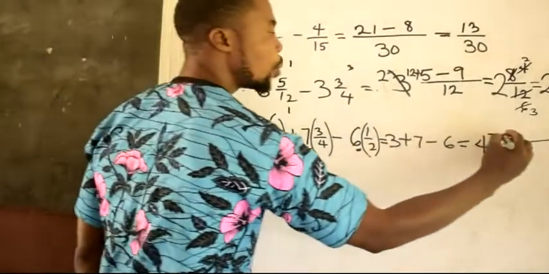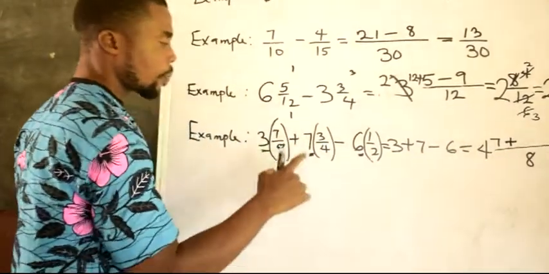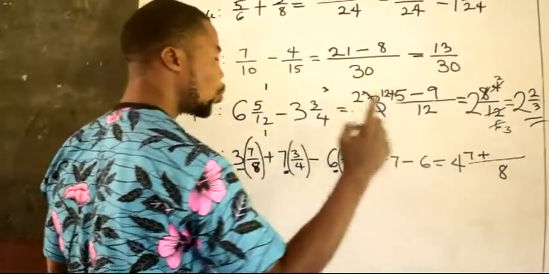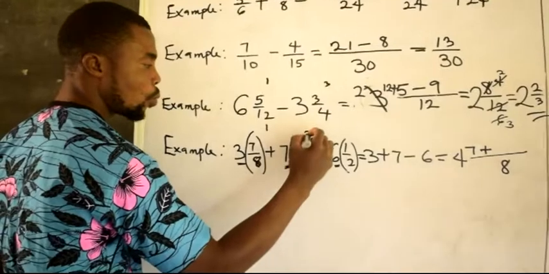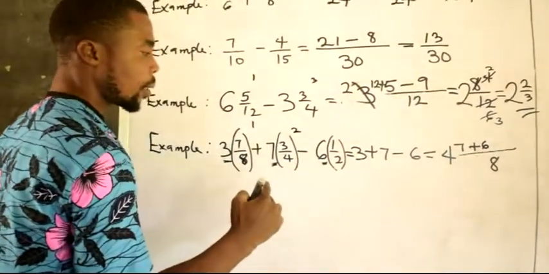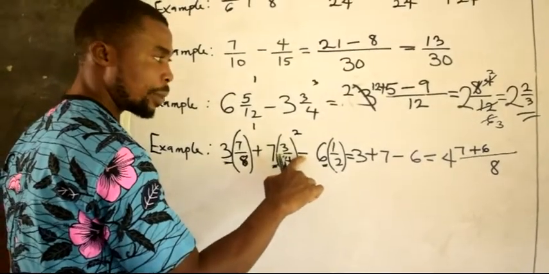Plus is there, you put plus. 4 will go in 8. How many times? It will go 2 times. So 2 times 3 will give us 6. Then you put minus, there is minus here.